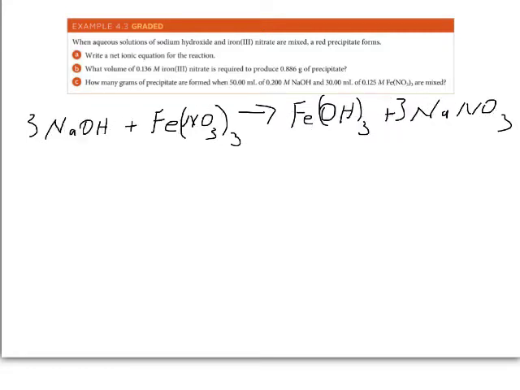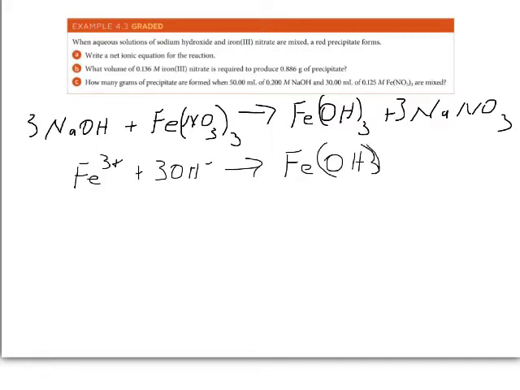If we cancel out everything that is soluble, then the equation we end up with is iron 3 plus, 3 OH minus ions, and iron 3 hydroxide, which is a solid.